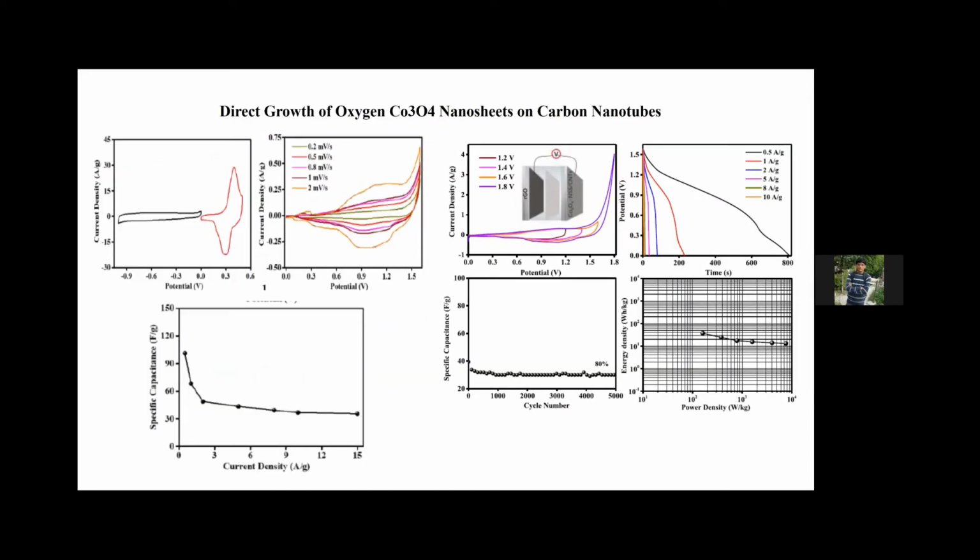So for example, one more example is they directly grow the cobalt oxide nanoseed and the carbon nanotubes onto the substrate.